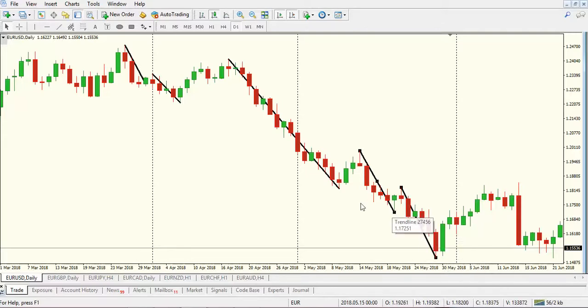So I want you to look for these, look for the ranges, look for the fractal ranges, because it will help us, especially in our trend analysis. Because you can see that whenever they form another fractal high, the price will continue to drop, and that's what I want you guys to see.